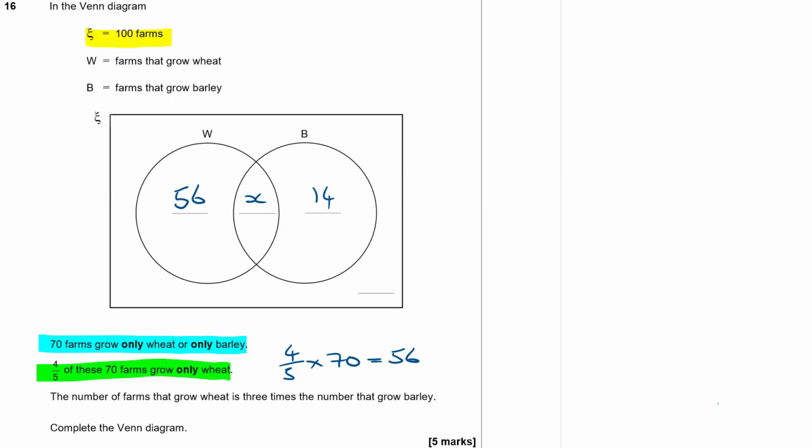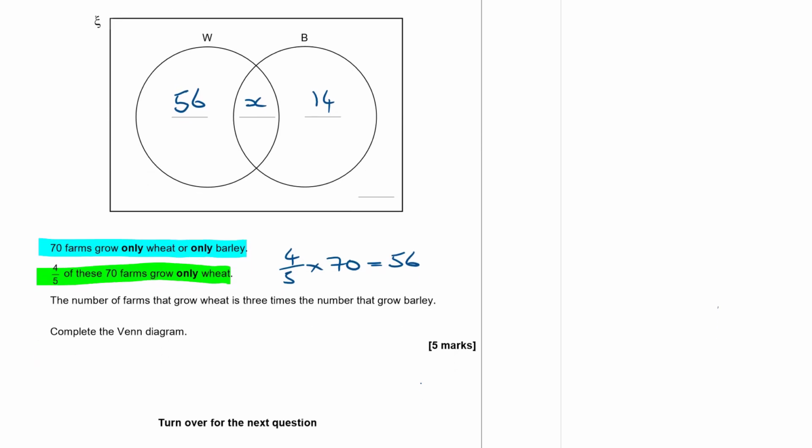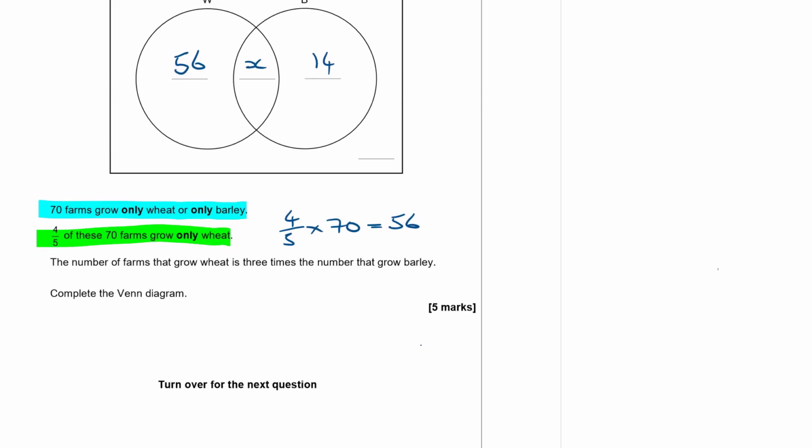So the number of farms that grow wheat is 3 times the number of farms that grow barley. So the number of farms that grow wheat is 56 plus X, and that is 3 times the number of farms that grow barley, which is X plus 14.